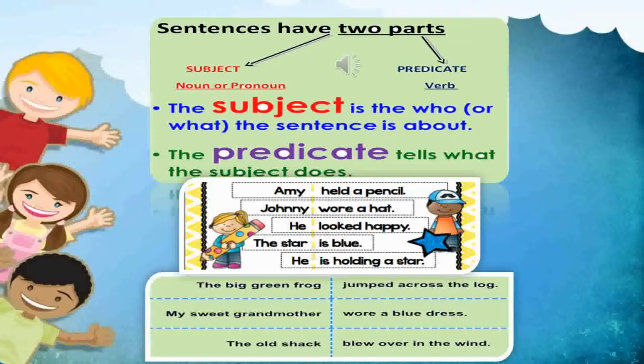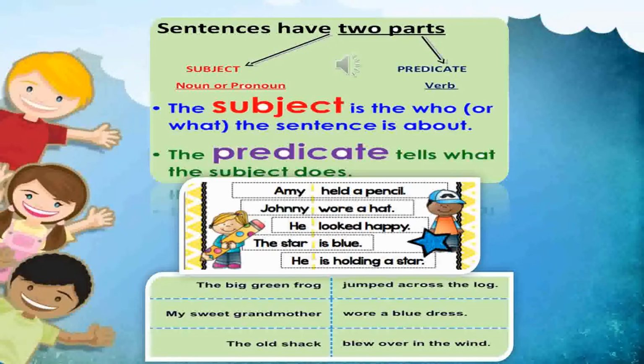In the same way, the predicate tells what the subject does in that sentence. It will be more clear through the following examples.